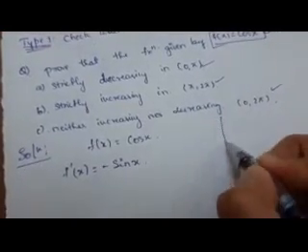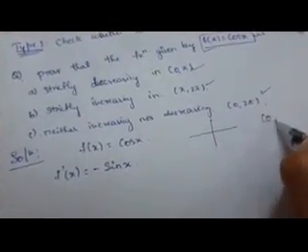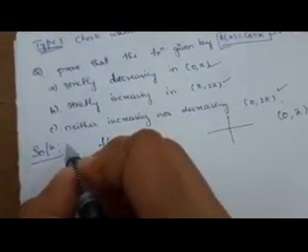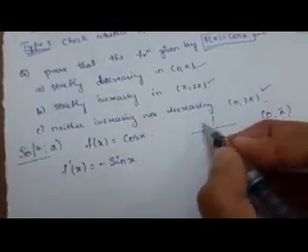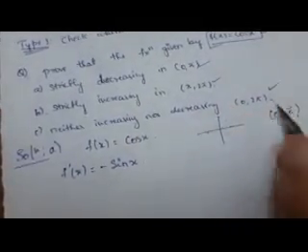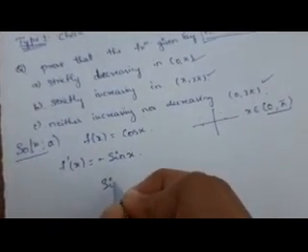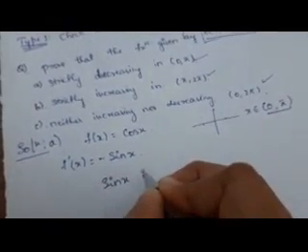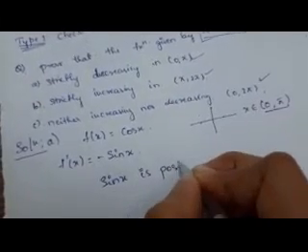So it is clear that from 0 to pi, I am dealing with the first question, from here to here, the first quadrant and second quadrant come. From 0 to pi, what is the sine function? If you take any x belonging to 0 to pi, sine x is positive.